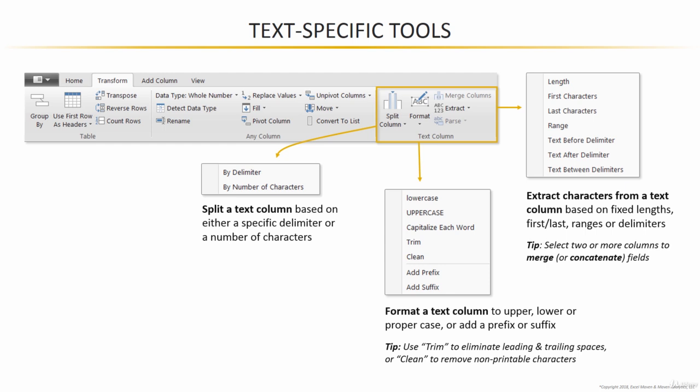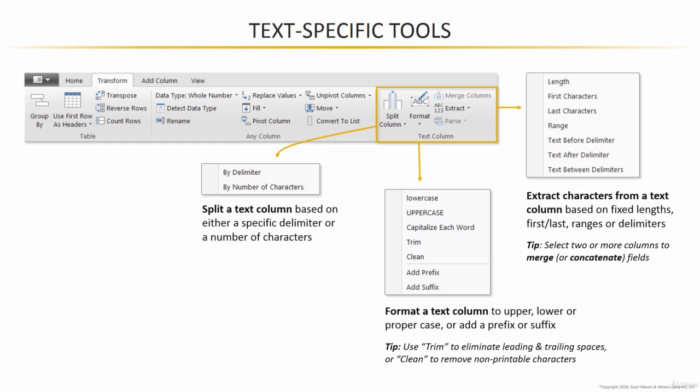So you may have noticed that some of the tools here are grayed out and inactive, like merge columns or parse. And that brings up a really important point, which is that this toolbar is completely dynamic based on what you've selected. So if you've only selected a single column, the merge columns option is irrelevant, so you can't even click it. You'd have to select multiple columns in order to activate that option.